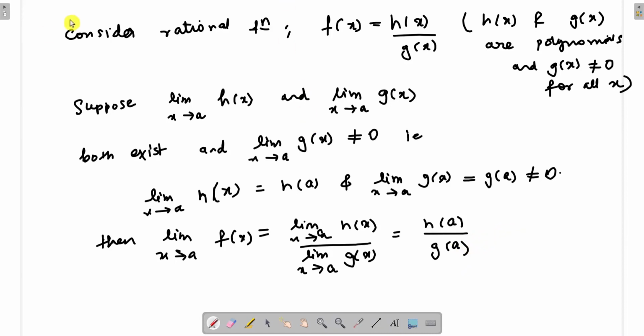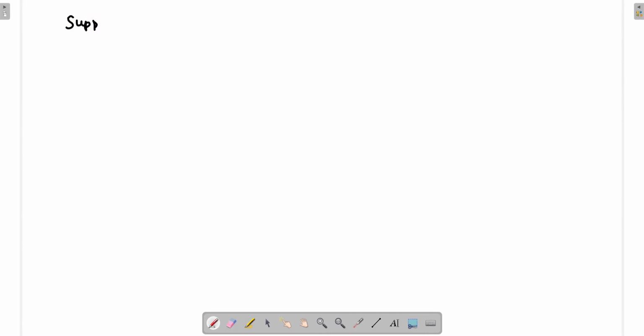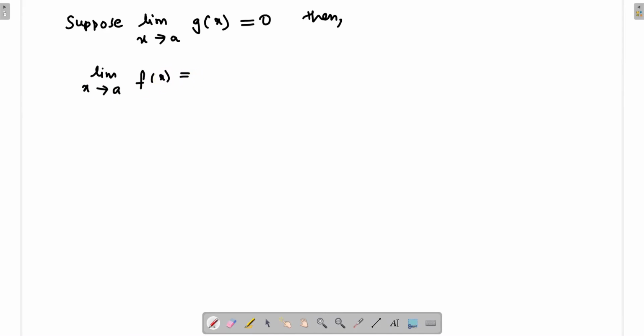Now what if the limit of gx is equal to 0? Okay, so suppose the limit as x tends to a of gx is equal to 0, then the limit as x tends to a of fx that we are finding is equal to the limit as x tends to a of hx divided by the limit as x tends to a of gx.